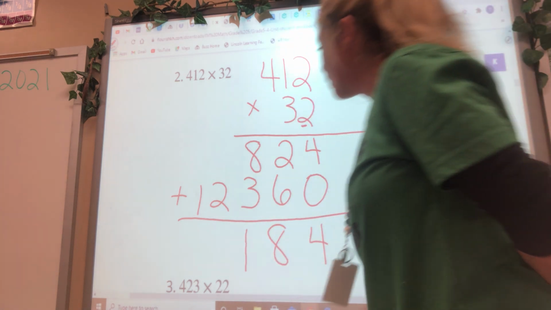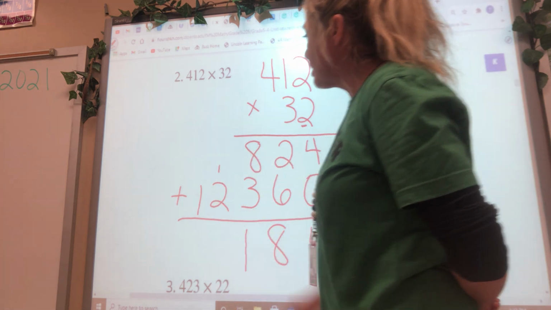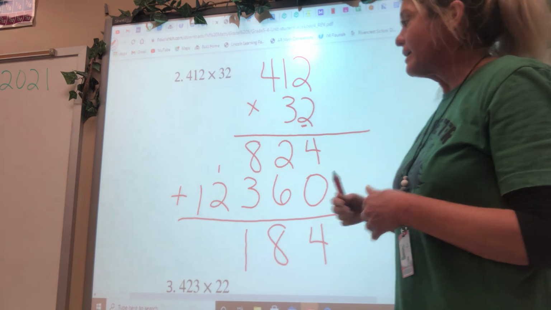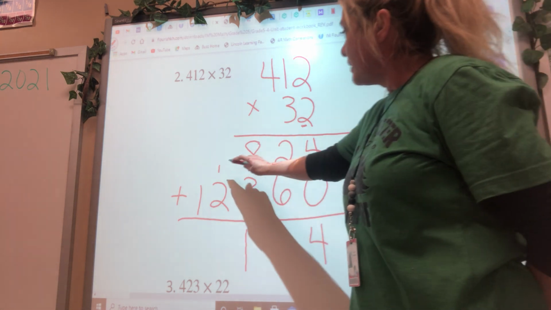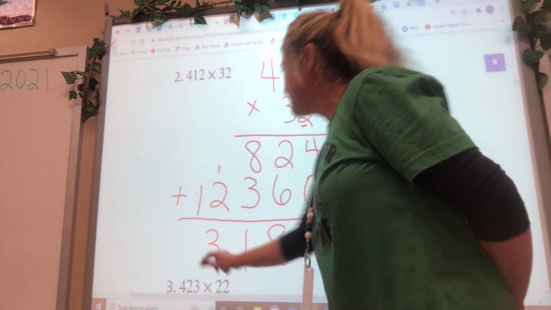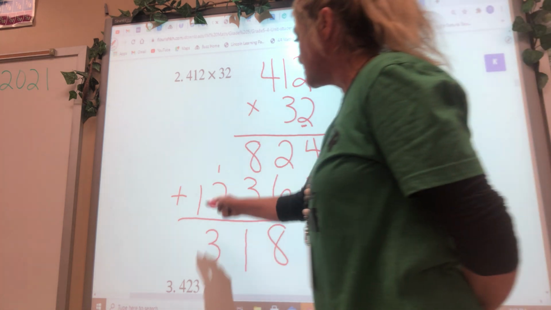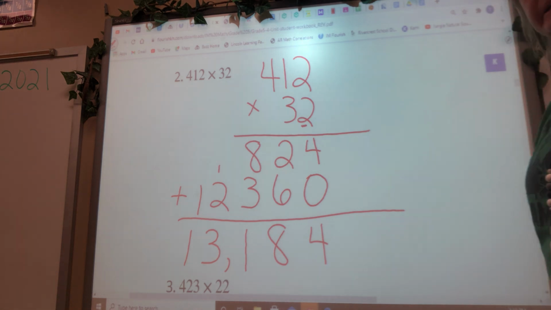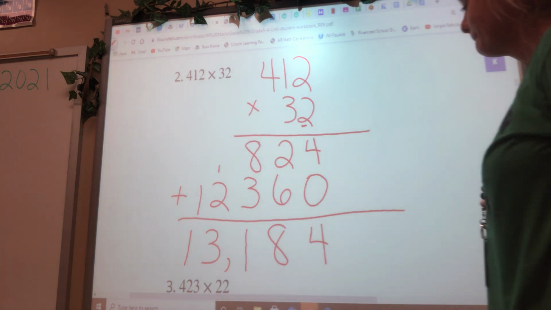So I put my 1 down here, and then we have to do what we call carry. They call that creating another unit. We're just carrying that 1 from the 11 over to the next place value. And then now we have 1 plus 2 is 3. And all we have in the 10,000s place is 1. So our final answer is 13,184.